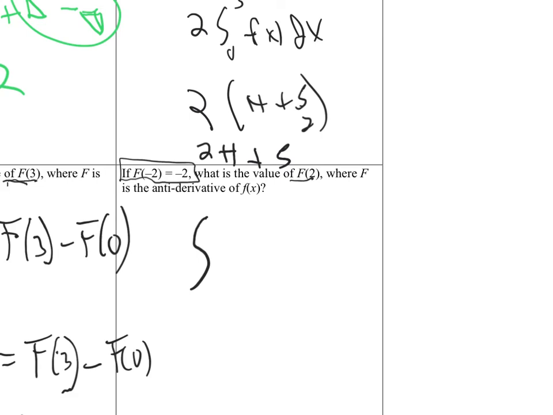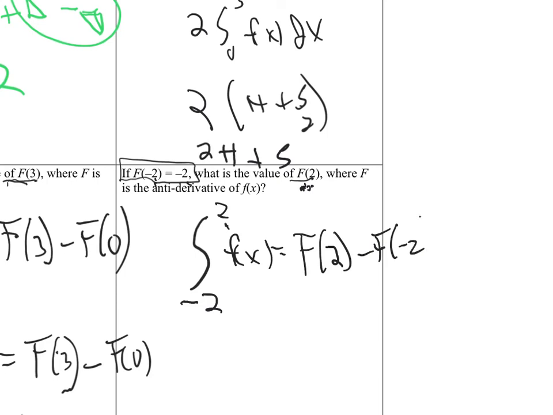I want to go to negative 2. The reason I'm picking these values is because negative 2 and 2 are the values that are mentioned in here. Those are limits. So I'll put the small one down here, of f of x will equal, the definition will be big F of 2. You see why I put the 2 as a limit? Because that's something I'm looking for. Minus the antiderivative of negative 2. The reason I put that as my lower limit is because that's something he gave me.